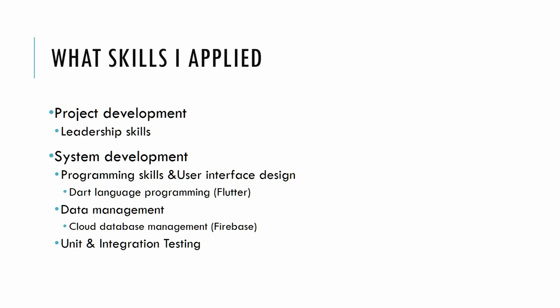The first one is project development skill, especially leadership skill, because as I mentioned before, I was the team leader in this program, so I had to make sure everyone was on track, and that our work had transparency between teammates. Because there are three developers, we needed to use a version control tool to make sure our code is consistent.